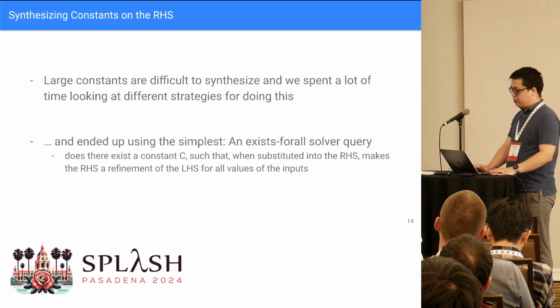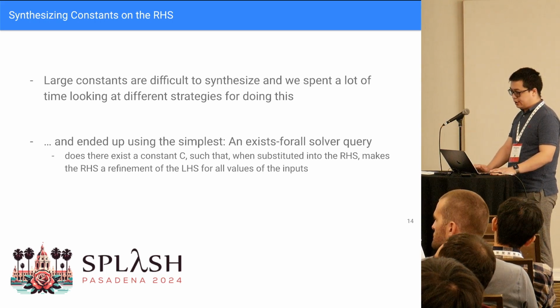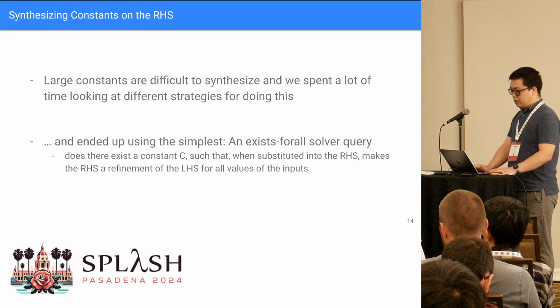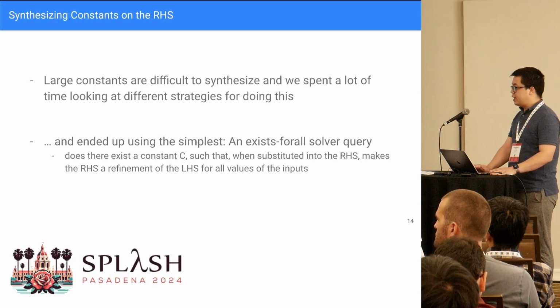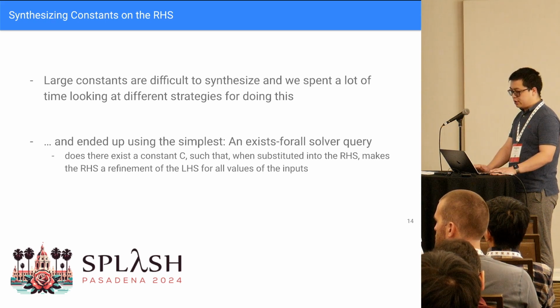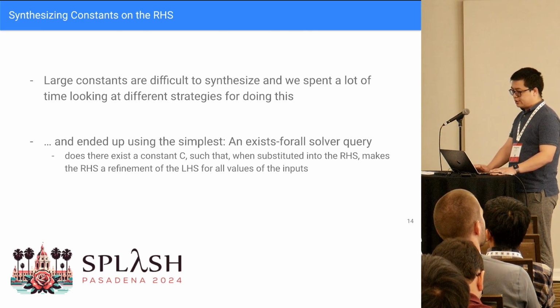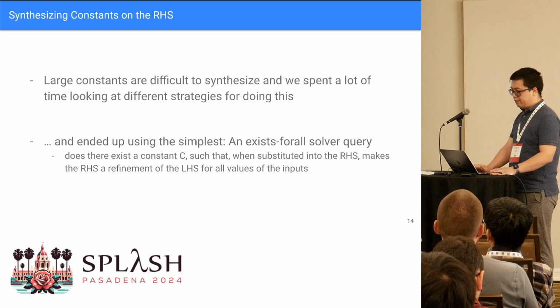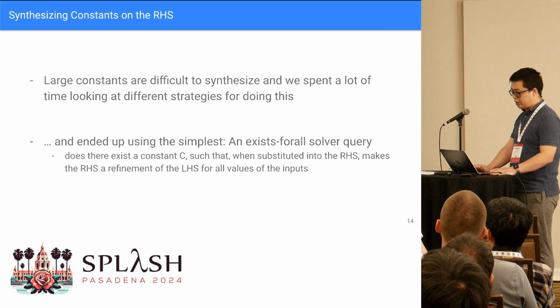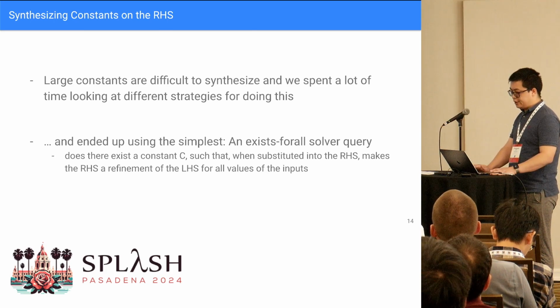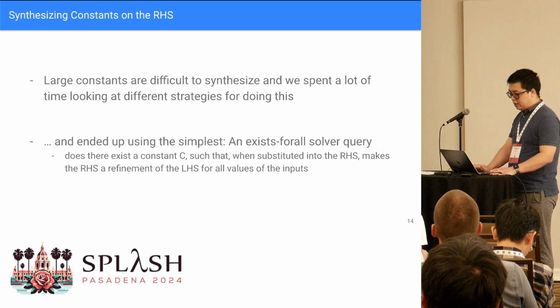There are multiple approaches for synthesizing immediate constants in the right-hand side. For example, Souper uses counterexample-guided inductive synthesis, or CEGIS, for this task. But in this work, we just encode the problem in the solver with a naive exists-forall query, and we have observed that Z3 is quite efficient in this task.